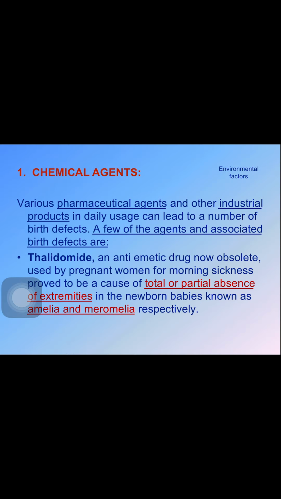That was known as thalidomide. The pregnant women who used thalidomide came up with babies with total or partial absence of their extremities, known as amelia or meromelia. Total absence of limbs is amelia, and partial absence of a limb is known as meromelia. You have seen the picture in the early slides.